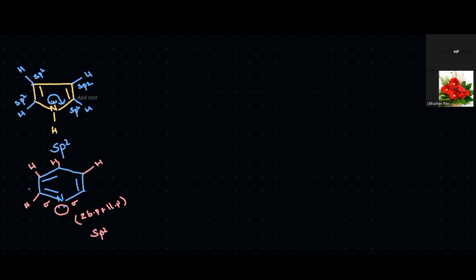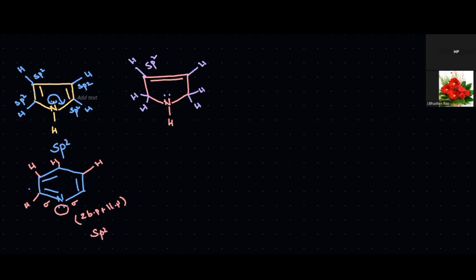One more: if the double bonds are not alternatively present, how do we identify that? Here there is only one double bond. For this kind of molecule, how do we identify the hybridization? This one has one hydrogen. This one also has one hydrogen. Here two hydrogen atoms, here also two hydrogen atoms. Now here is one lone pair of electrons. This carbon has 1, 2, 3, so sp2. This carbon also sp2.